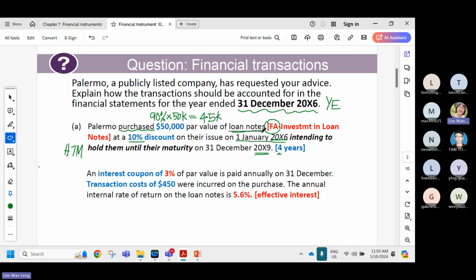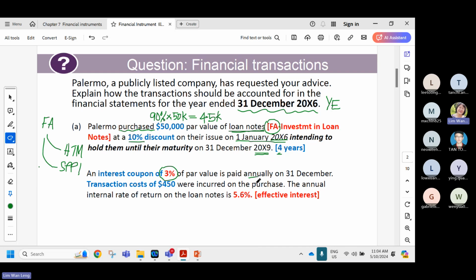And then what do we have? We have a financial asset that we are going to hold to maturity, and during the 4 years you are going to receive payments that are solely principal and interest, SPPI characteristics, because they tell you this particular investment in loan notes has an interest coupon rate of 3% and it will be paid annually.